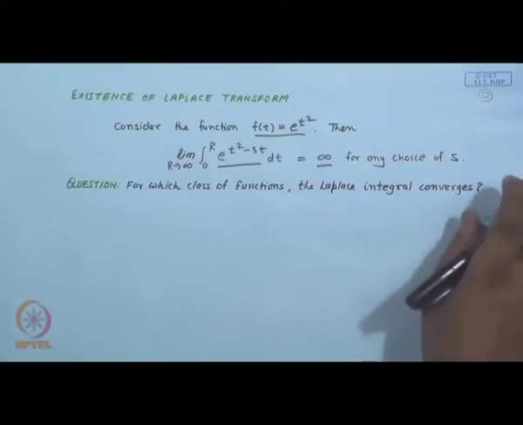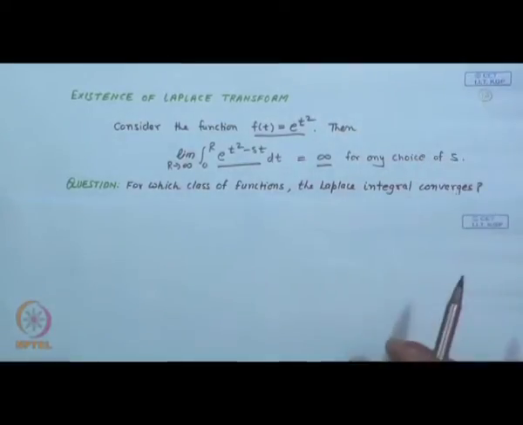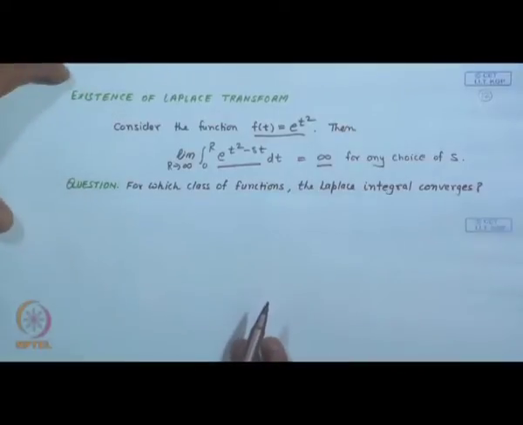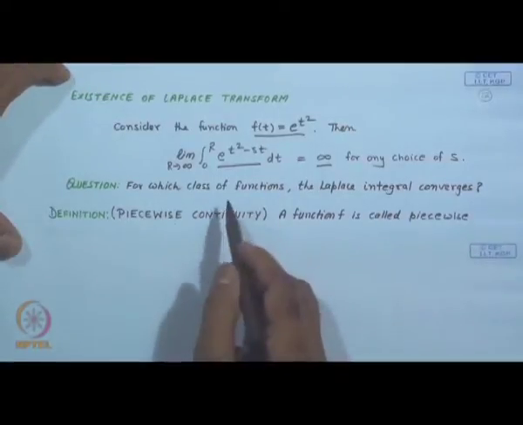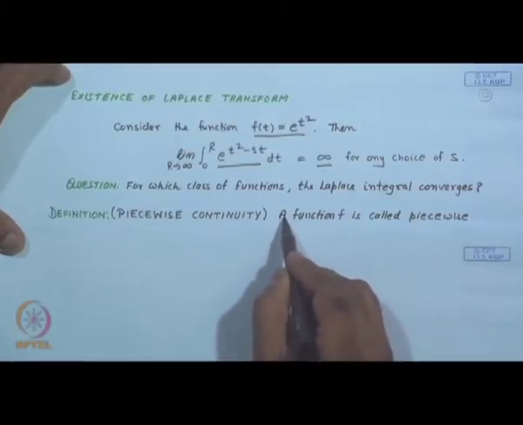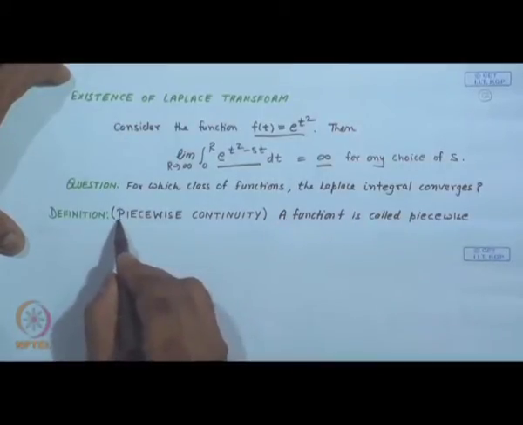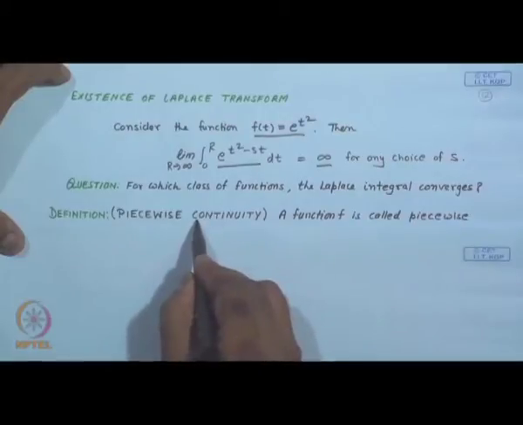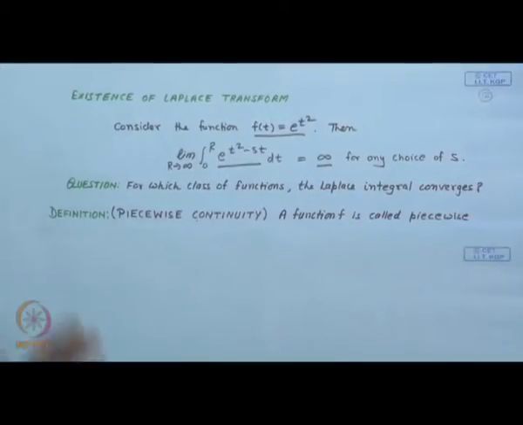And to answer this question, we have to give some definitions, and the first is piecewise continuity. So what is piecewise continuity? As by the name, the functions are not continuous, but they are continuous in pieces.